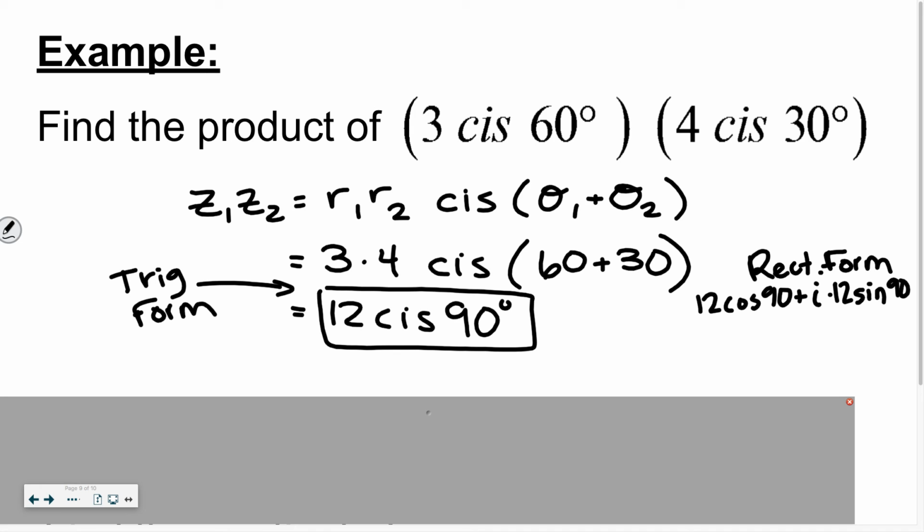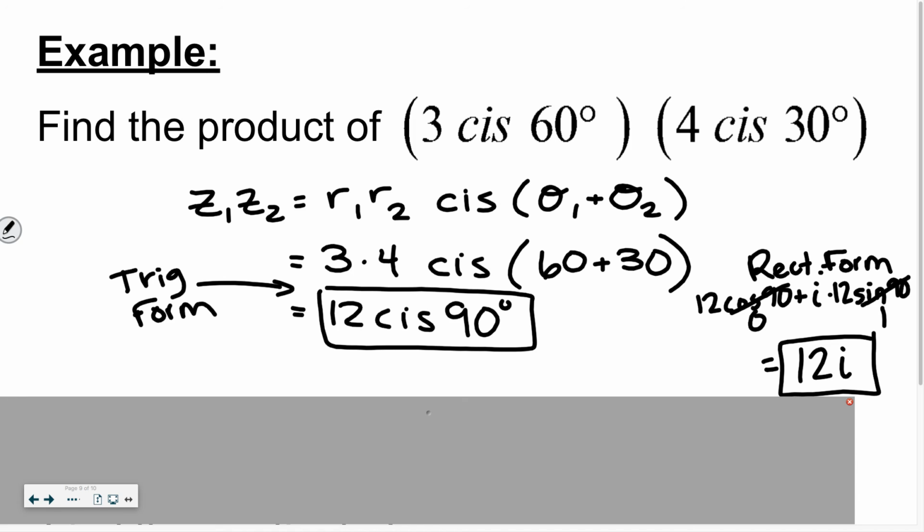Well, the cosine of 90 is 0, and the sine of 90 is 1. So that'll just be 12i. Which makes sense, because if your angle is 90, you're going to be on the vertical axis going up, and if you go up 12, that's 12i on the complex plane.